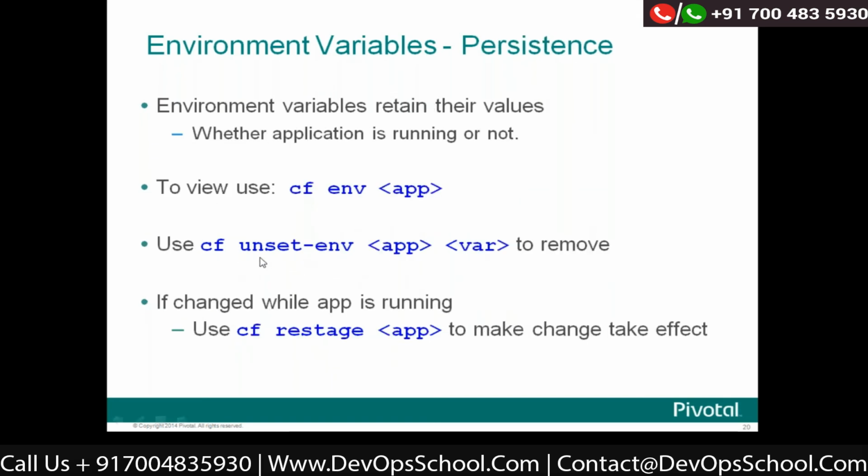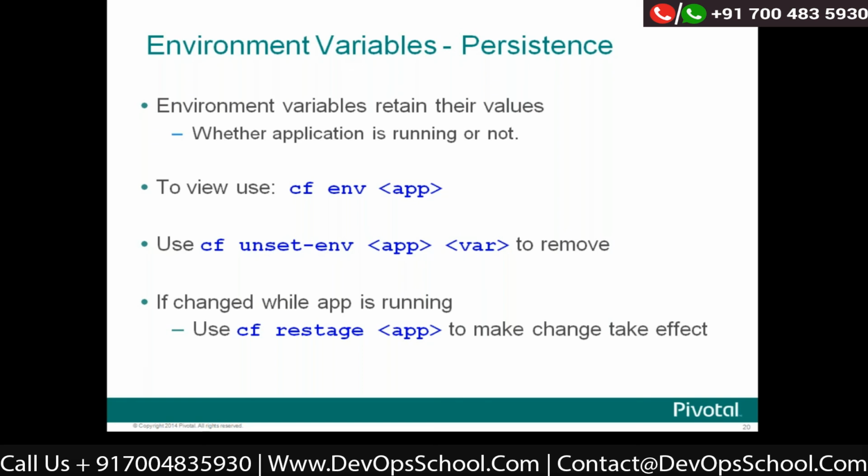So unset, how to unset? cf unset-env app name variable name. This is a way to unset. And if you change any environment variables while the app is running, you have to restart it or restage it. When to restart, when to restage, we will discuss after some time.